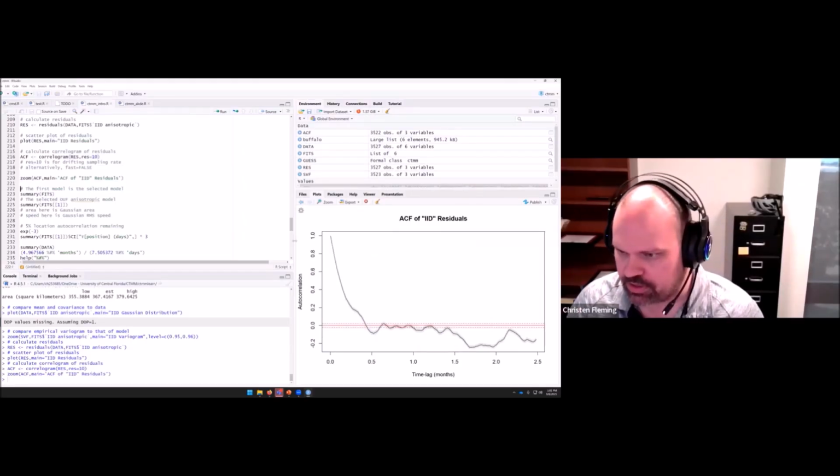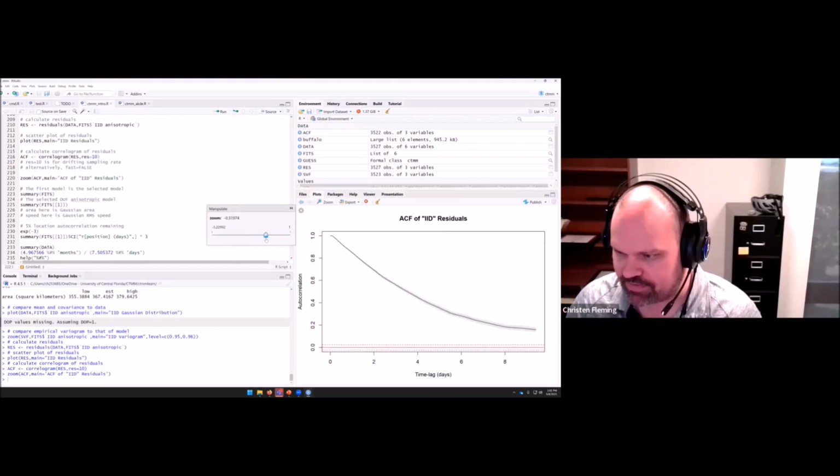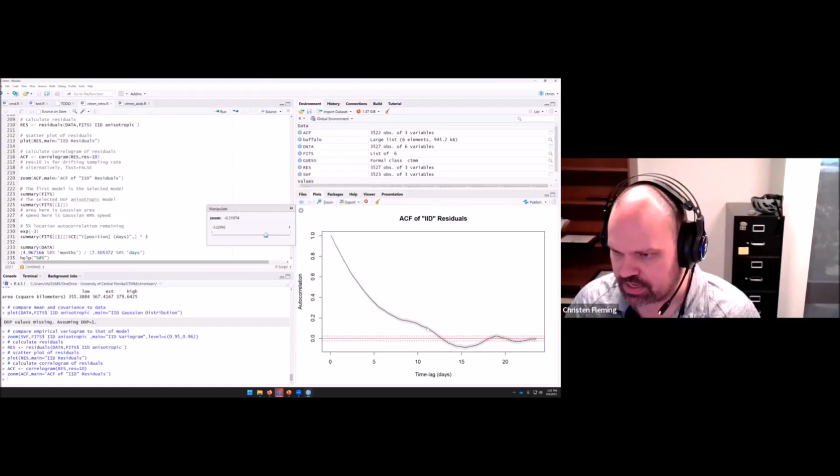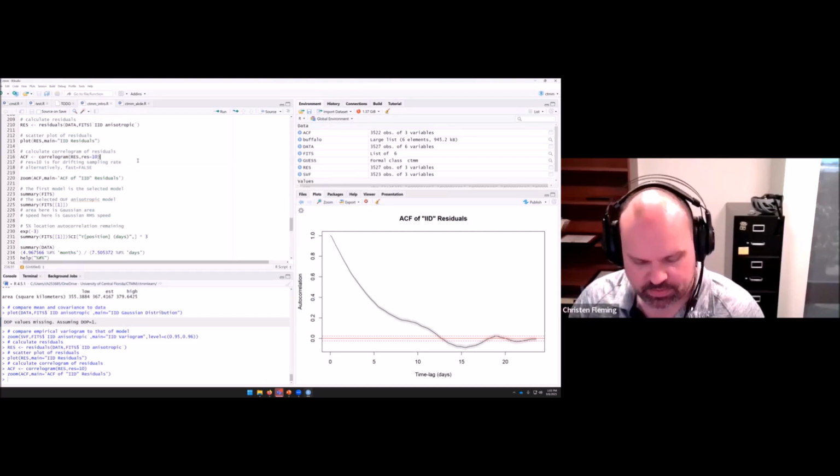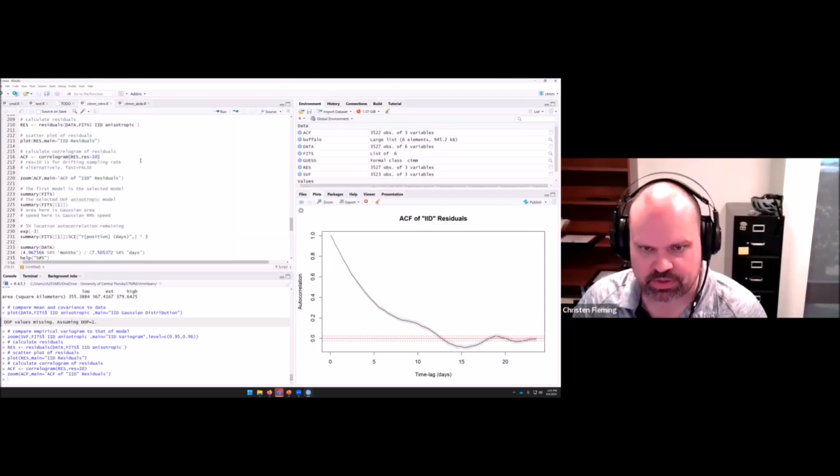And you can see that over basically half a month, you have a whole lot of autocorrelation in the residuals. That's because we didn't account for any of the autocorrelation, and the process has tons of autocorrelation. And it takes about half a month for all that to decay away, which is pretty much the location autocorrelation timescale that we're thinking about here.